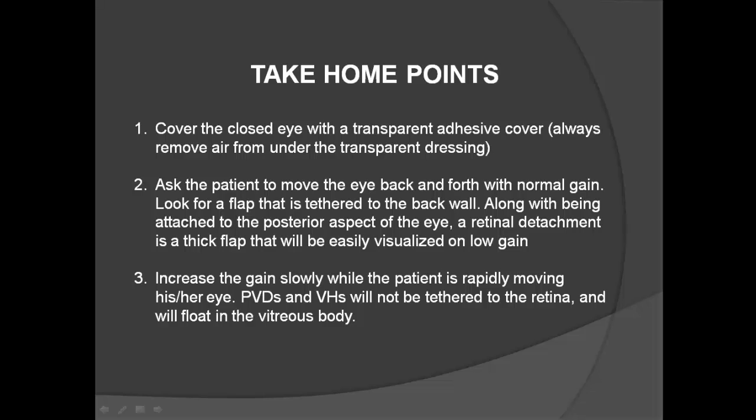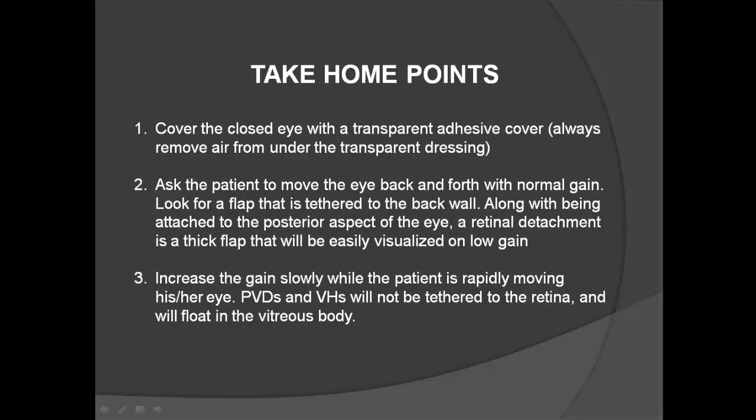Also, have that patient again move the eye back and forth with normal gain, and look for a flap that may be tethered to the back of the globe that may indicate either that posterior vitreous detachment or possible retinal tear. Really, the retinal detachment will have a thick flap that will be pretty easily visualized when you have the ultrasound on low gain.